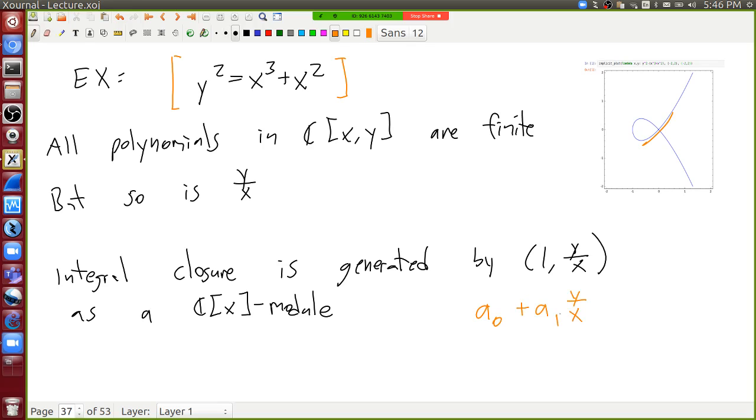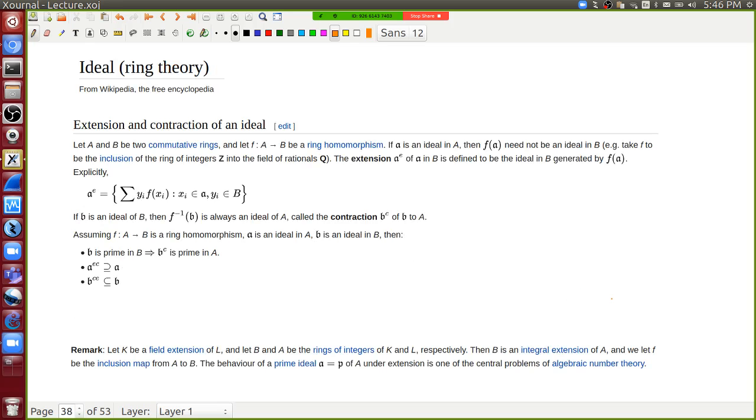That is the form, and the a's are polynomials in x. That is the form of the integral closure of this curve. It varies from curve to curve, and a lot of attention has been given to algorithms to compute the integral closure.